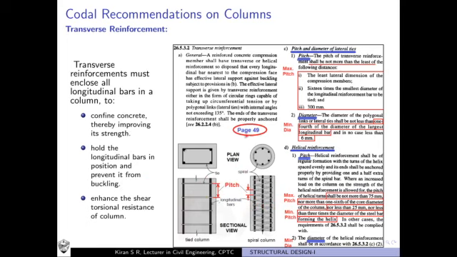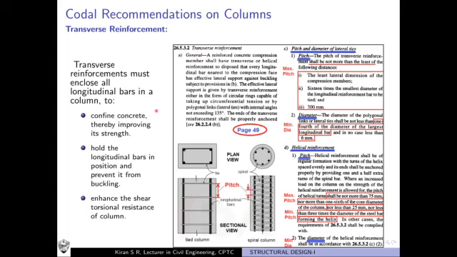And if you refer to page number 49, clause 26.5.3.2, we have a set of important codal recommendations which will give you insight and help you determine the pitch and the diameter of the transverse reinforcement.